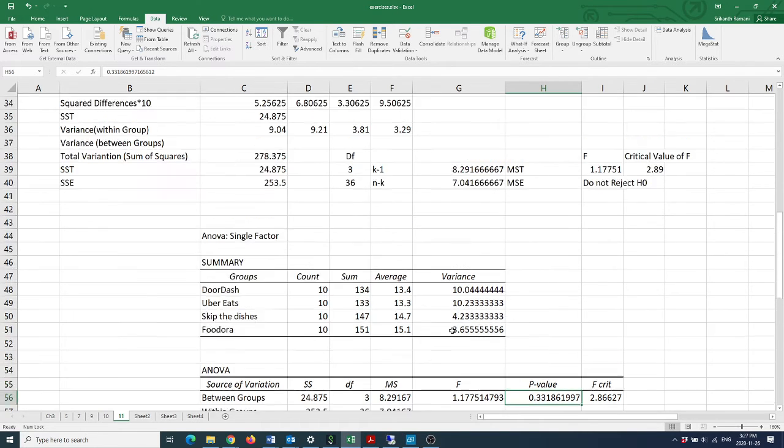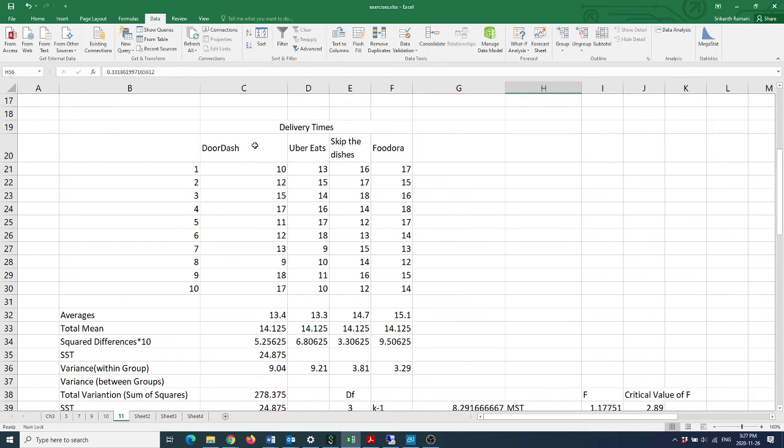So you cannot conclude that DoorDash, Uber Eats, Skip the Dishes and Foodora all have different means. Even though you could see that DoorDash and Uber Eats have slightly lower means than Skip the Dishes and Foodora, because of such high variation within those observations, you cannot be confident in saying that these have different means. So therefore, you conclude that the delivery times of all 4 of these food services remain the same.